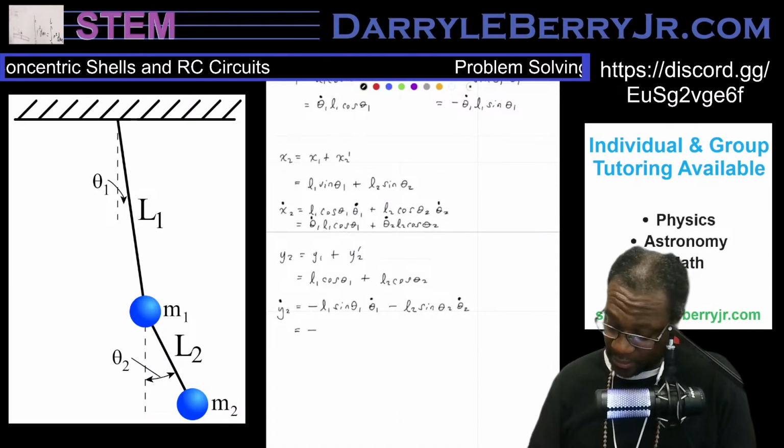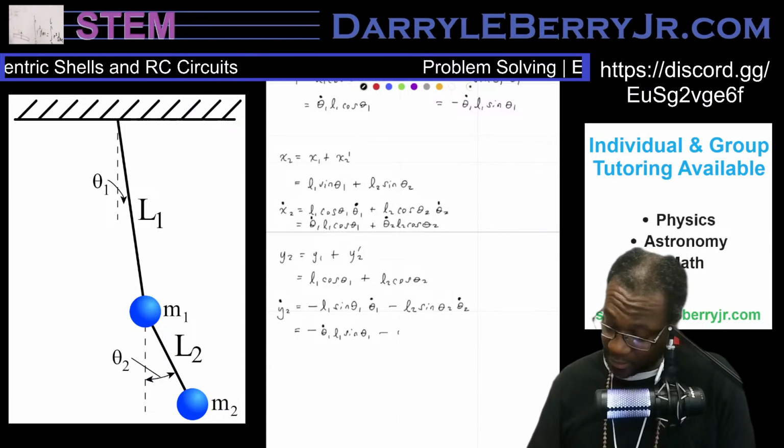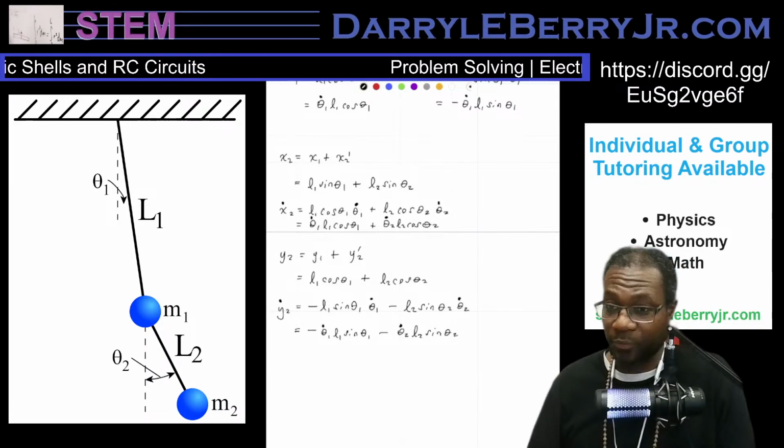So that's going to be negative theta 1 dot L1 sine theta 1 minus theta 2 dot L2 sine theta 2.